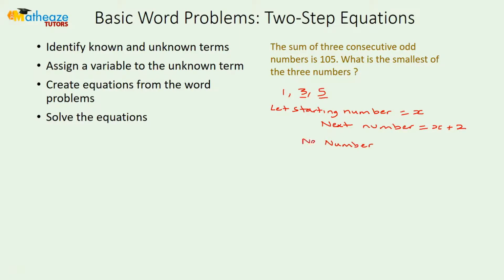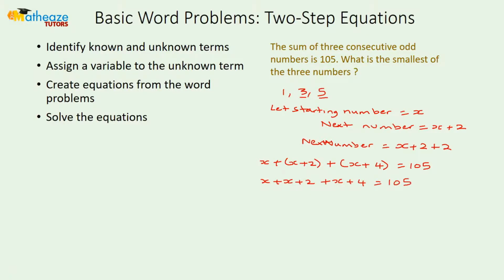The next number after that is going to be x plus 2, which was the previous number, plus 2. Now we're going to add all these numbers together and they should give us 105. So we have x plus x plus 2 plus x plus 2 plus 2, which is x plus 2 plus x plus 4, equal to 105.